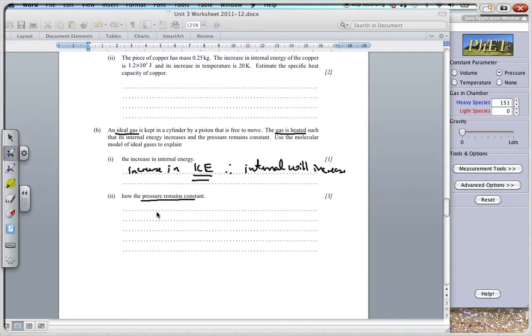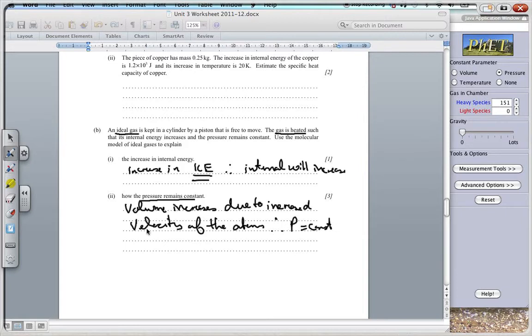Well, as we saw there, the volume increases due to the increased velocity of the particles, of the atoms or molecules in the gas, and therefore to keep the pressure constant, the volume increases so that there are fewer collisions, something like that.